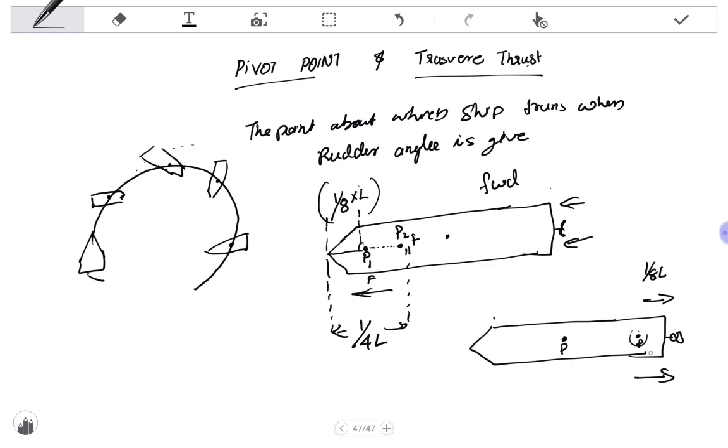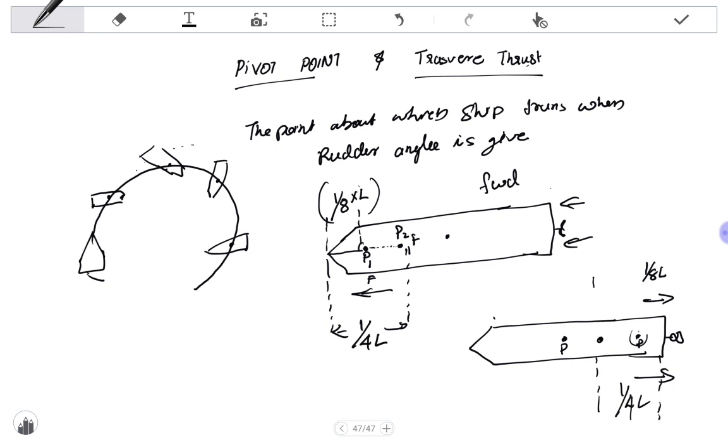When the astern speed is almost settled, then from this position the pivot point will jump to another point. That will be similar to this one, 1/4 length from the aft.